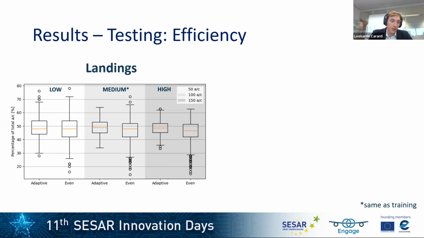One can see that, regardless of the demand scenario, the adaptive layers seem to have approximately the same number of landings within a certain amount of time, while the performance of the evenly distributed layers appears to decrease.